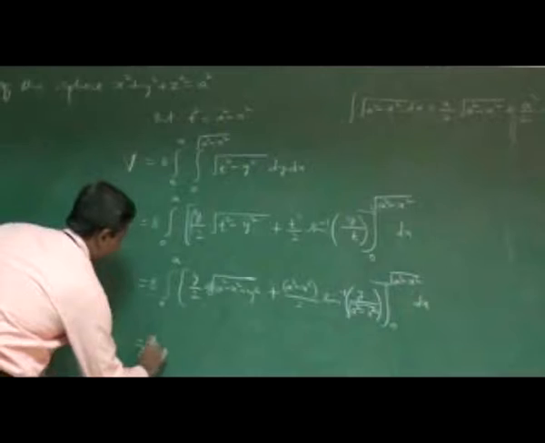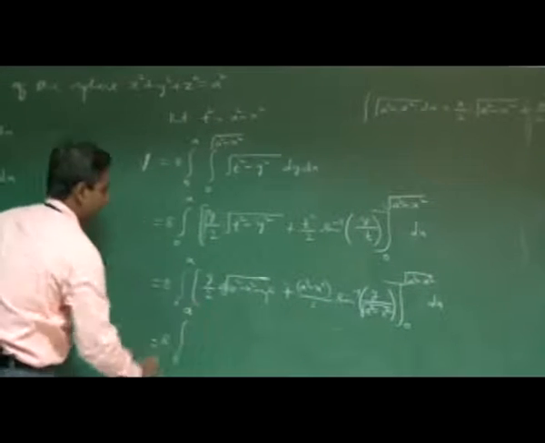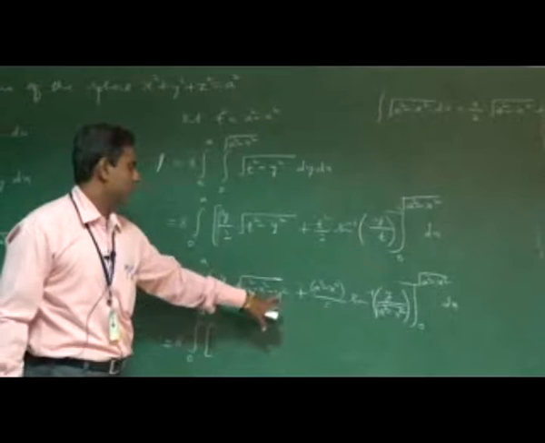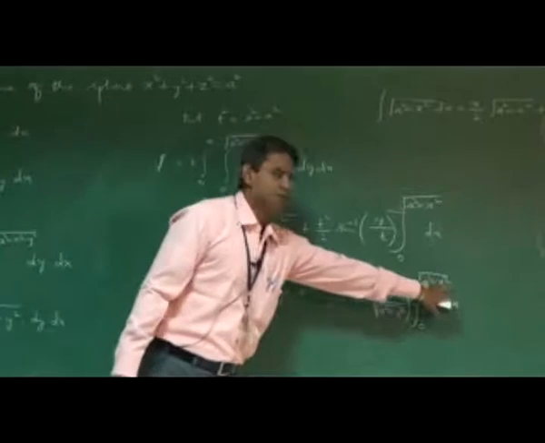Okay, and then that is equal to 8 into the integral from 0 to a, and you substitute for the limit, where y squared is a squared minus x squared.